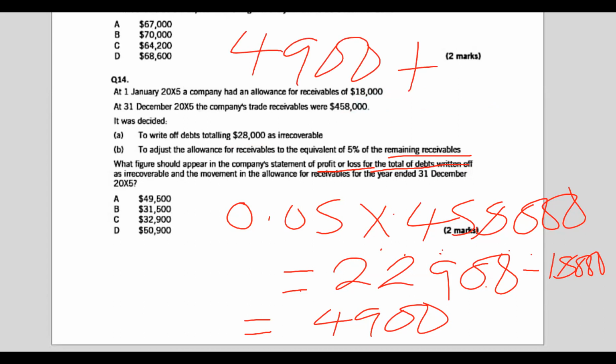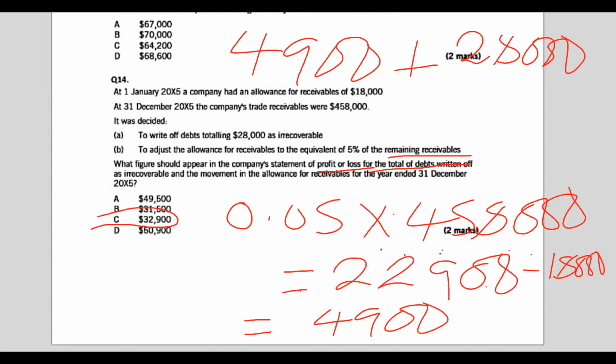So this amount, we have to add it to the point given in A, with the total debt totaling 28,000. What do we get? It will give us 32,900. That's what I think is the answer.